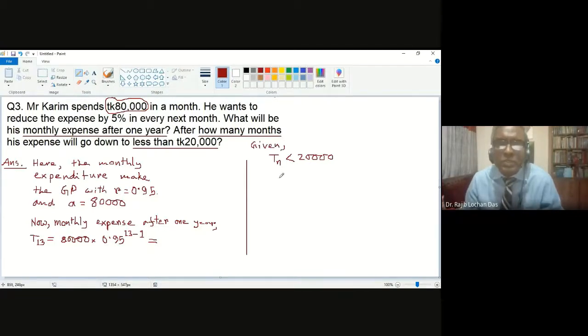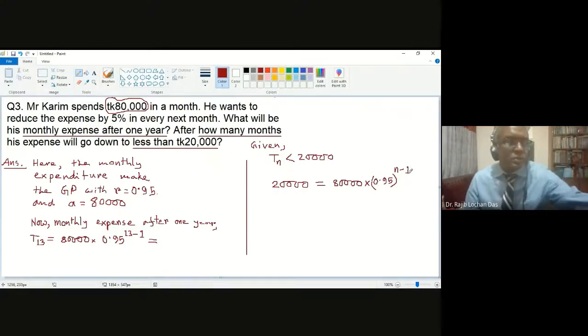So the formula is, we are putting this 20,000 and then we are writing equal, and then we are putting the number A already known to us, that is 80,000, and then R already known to us, 0.95, to the power n minus 1, that is not known. We do not know this thing.